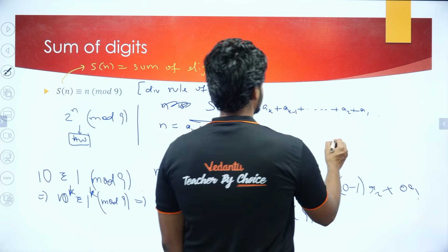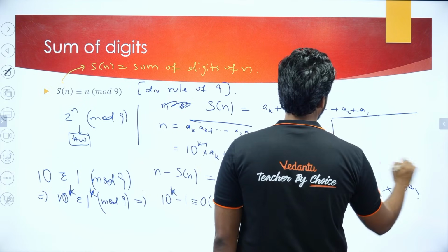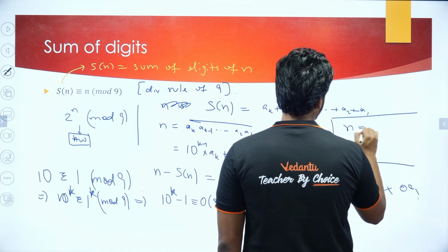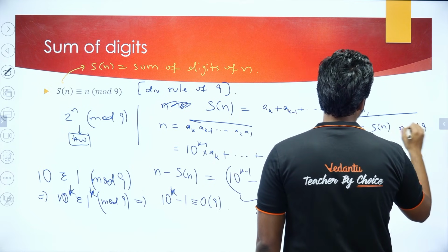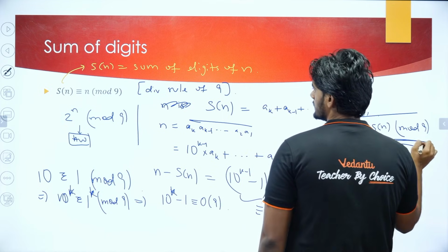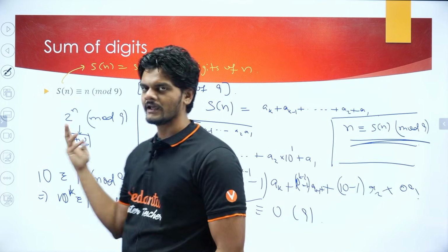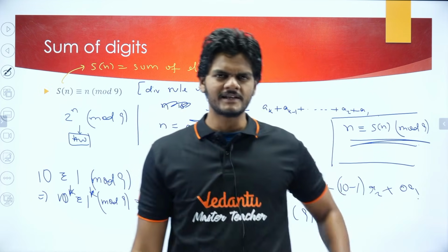So that tells you that Sn is congruent to n mod 9. There is no difference. Is that clear?